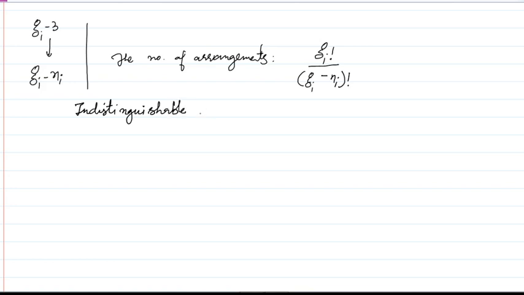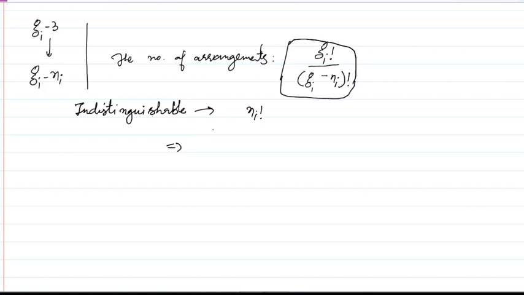So if the particles are indistinguishable, this expression has to be divided by the number of permutations of Ni particles, which is Ni factorial.